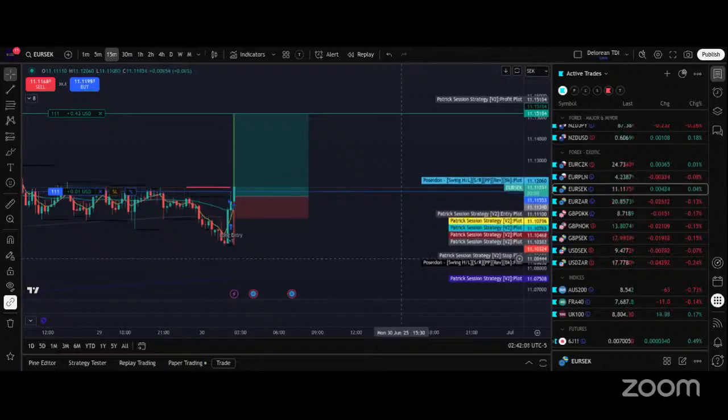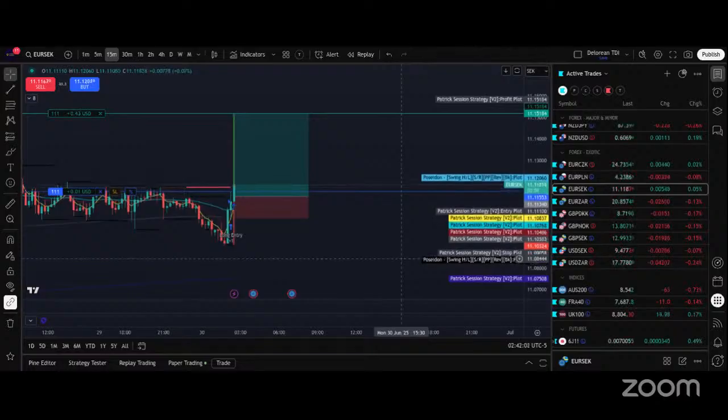A little 3 minutes left to go to 2:45 in the morning. Generally speaking, a good chunk of the action that we normally see here is between 3:15 in the morning and 3:45 in the morning.